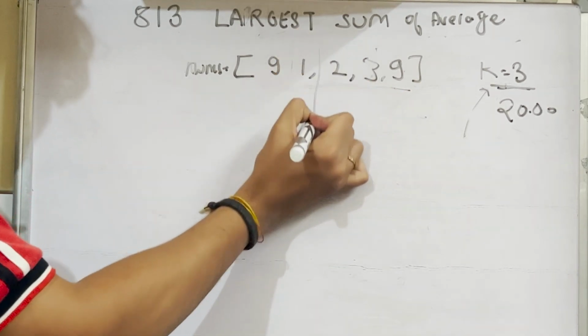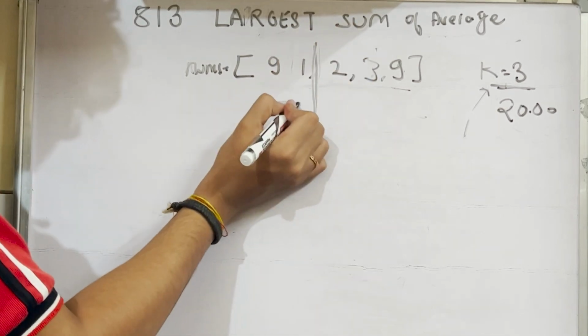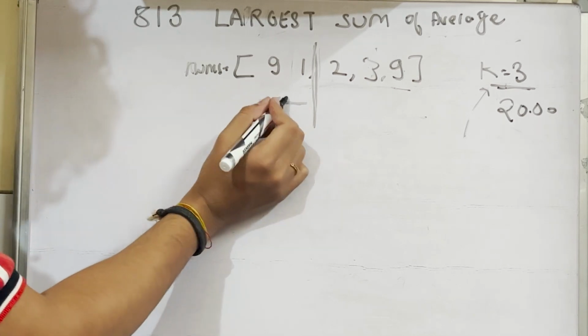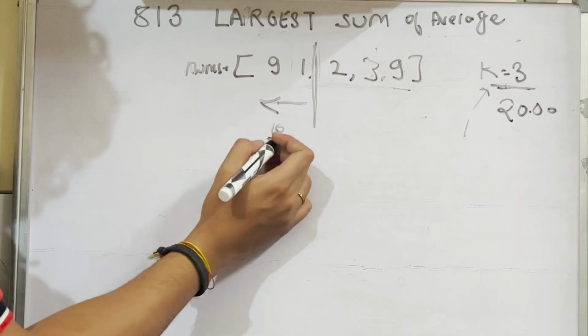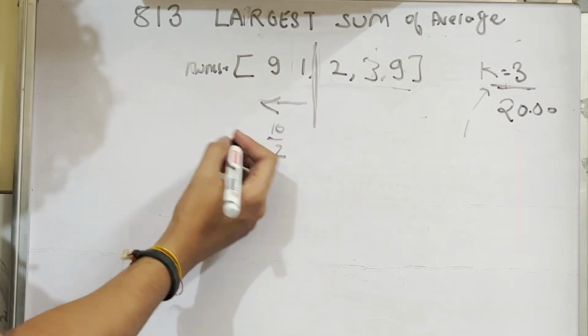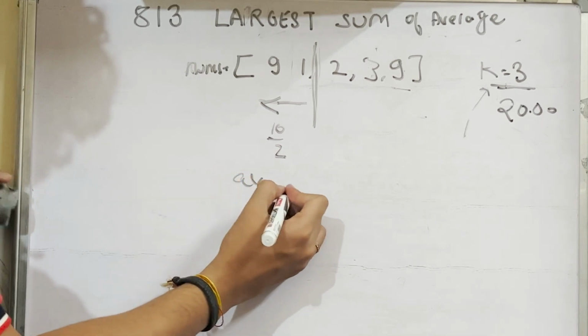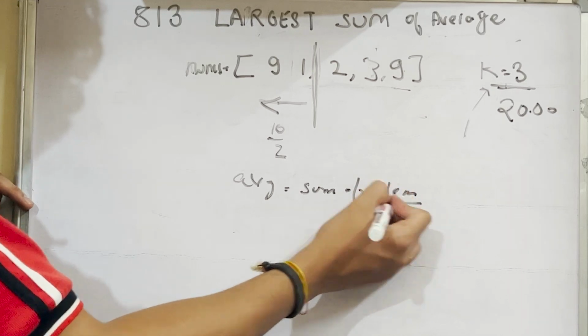If you try to divide an array from this index, you must have the sum of elements before this. For example, 9 plus 1 is 10, and the sum and the number of elements will give you the average, because average is equal to the sum of elements divided by the number of elements.